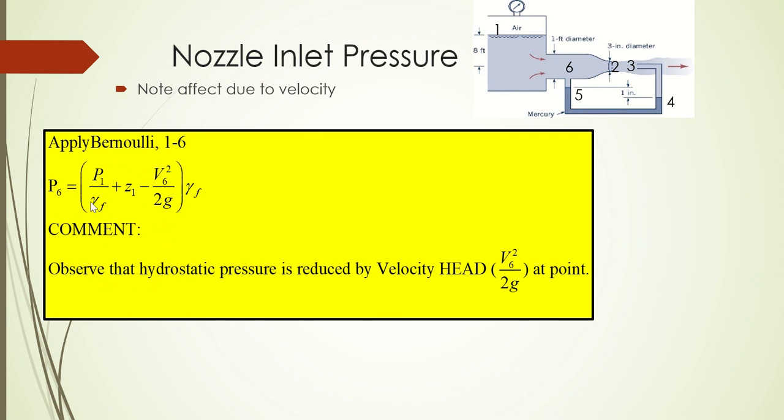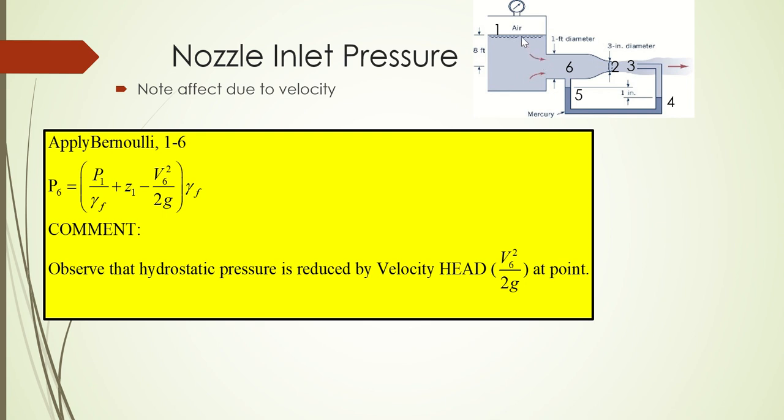Note that the hydrostatic pressure P6 is equal to P1 plus the elevation differences between 1 and 6, but minus the velocity head at point 6. So the pressure at this elevation 6 is P1 plus the elevation difference, or the elevation head, the potential energy head between 1 and 6.